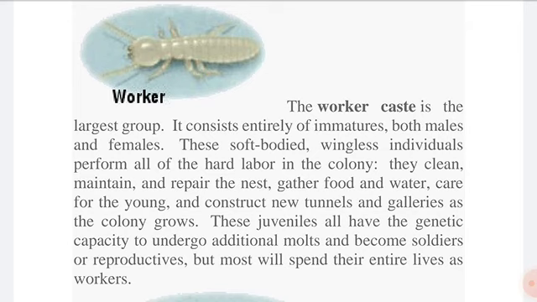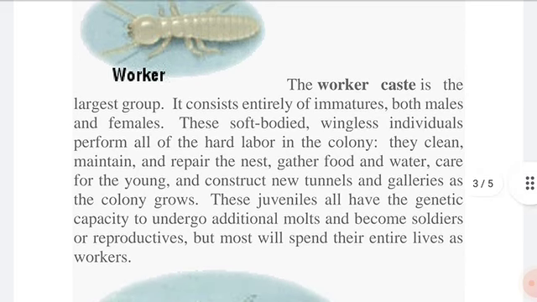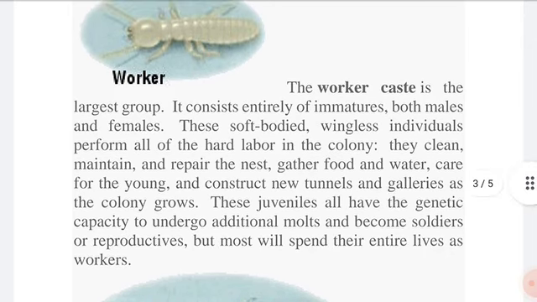They clean, maintain, and repair the nest, gather food and water, care for the young, and construct new tunnels and galleries as the colony grows. These juveniles all have the genetic capacity to undergo additional molts and become soldiers or reproductives, but most will spend their entire lives as workers. If there is any need, they can convert into soldiers or reproductives.